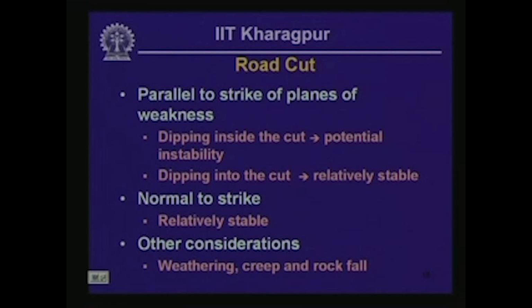Okay. Then road cut. If a road cut is constructed parallel to the strikes of planes of weaknesses, and if we have dipping inside the cut, then there could be potential for instability, and if the dipping is outside of the cut, then the road cut is going to remain relatively stable. If the road cut is normal to the strike, stability is better.